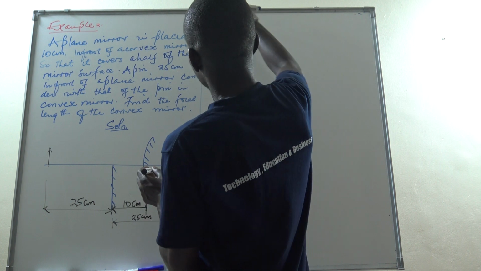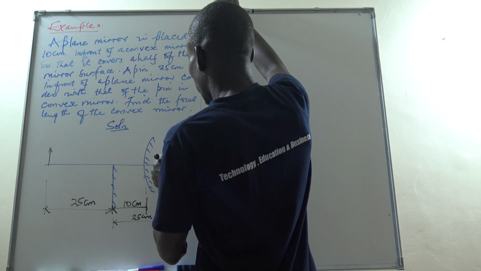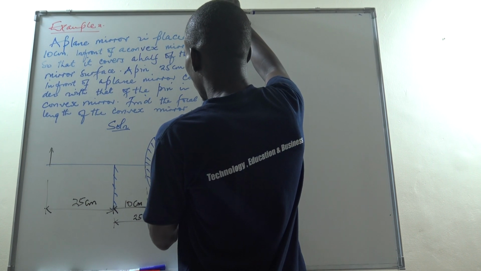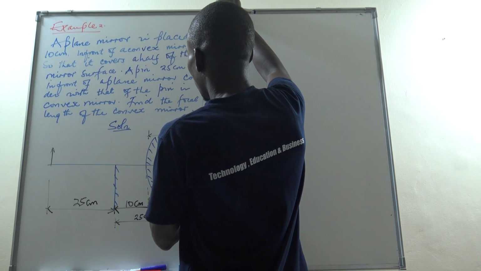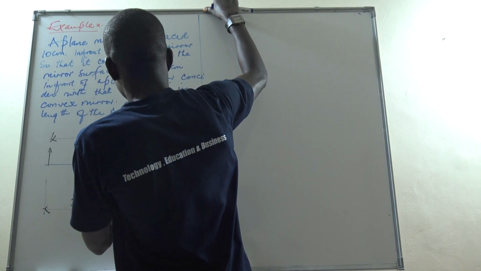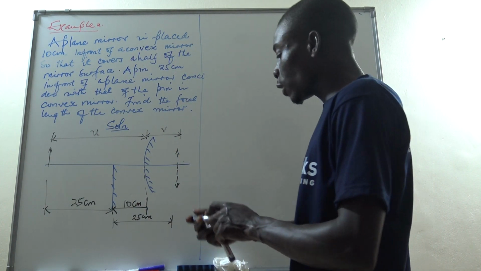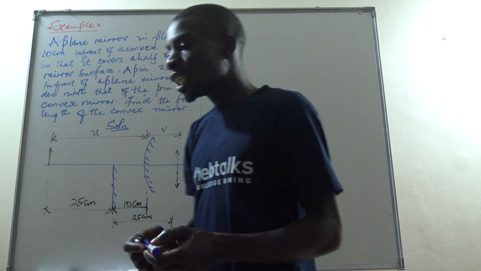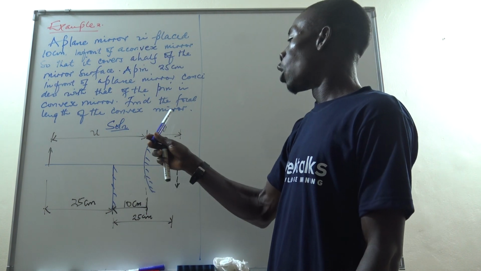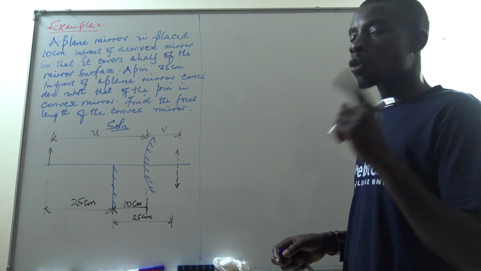And they are saying that it's coinciding, that means that even this convex mirror will as well have its diminished image here. Okay? And for the convex mirror, this is acting as the V, and this is acting as the U. So if we are then to get the focal length of this, then we should know the U, we should know the V. How then do we get the U? Okay? How do we get the U?